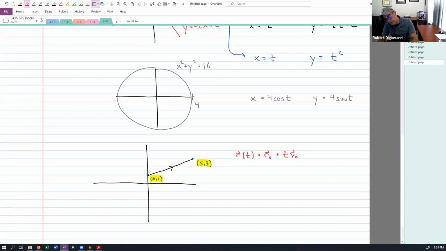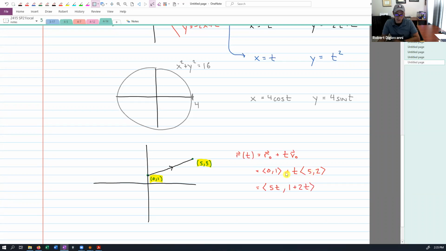Remember that formula from the very beginning of class? Well, r naught here, I'm going to use the 0, 1. And then v is the direction vector, which would be the vector from here to here, which would be the vector 5, 2. And if I put those two together, I'm going to get the vector 5t, 1 plus 2t.